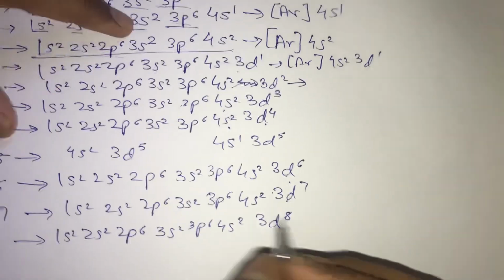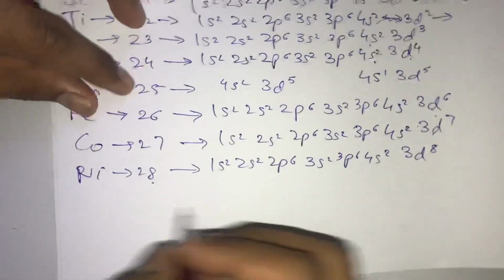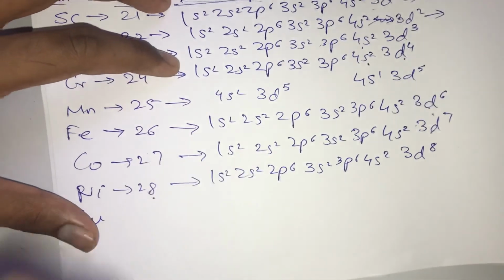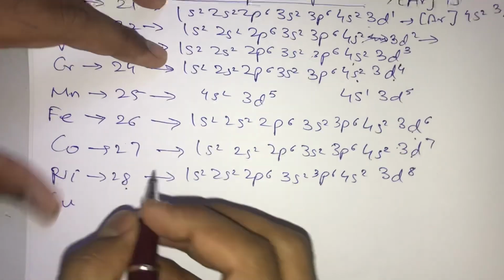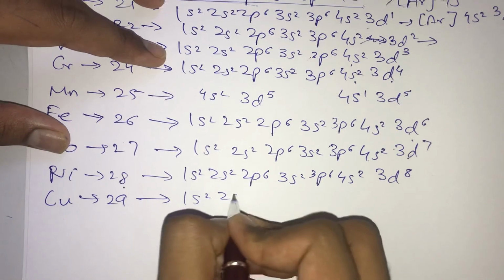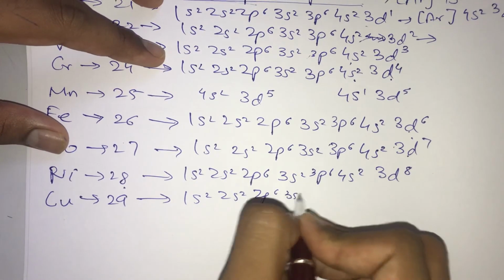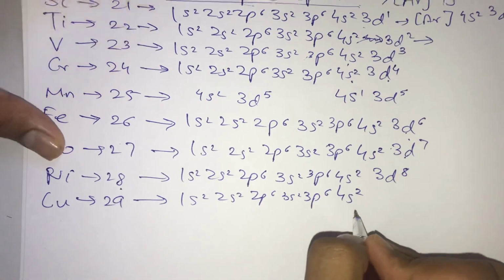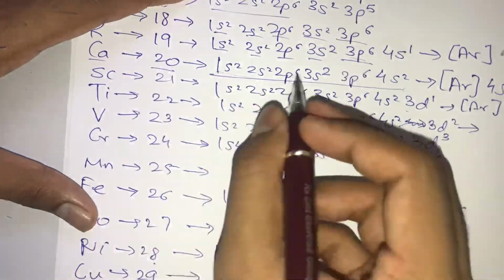Now the next one is nothing but your copper, which is our second last one. Cu, copper. Am I right? So the atomic number of copper is obviously 29. So you are going to write 1s2, 2s2, 2p6, 3s2, 3p6, 4s2. This is up to 20, which is for your calcium.